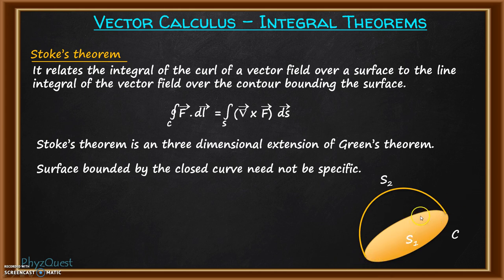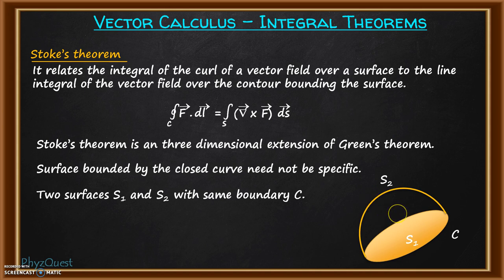The second surface is a curved surface. Both are enclosed by this curve C. So they have the same boundary, and this means there is not a fixed thing that any particular surface you have to consider. That means curve C can include any kind of surface.